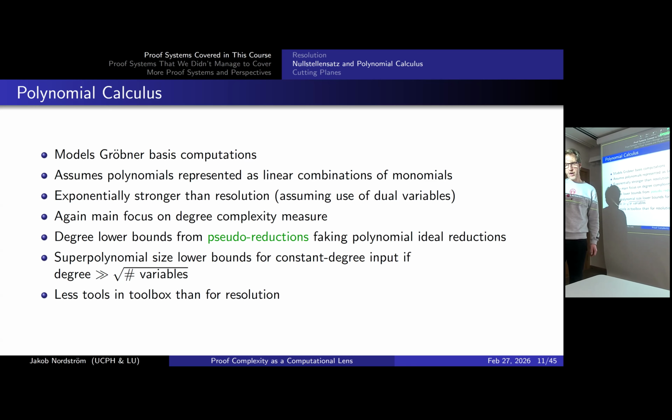For polynomial calculus, just as for Nullstellensatz, people have cared mostly about degree. How do we prove degree lower bounds? We prove them by pseudo-reductions, which are these operators where you pretend that you're reducing modulo a polynomial ideal, and then Hilbert's Nullstellensatz says that your formula is satisfiable if and only if one, the multiplicative identity of the field, does not lie in your ideal.